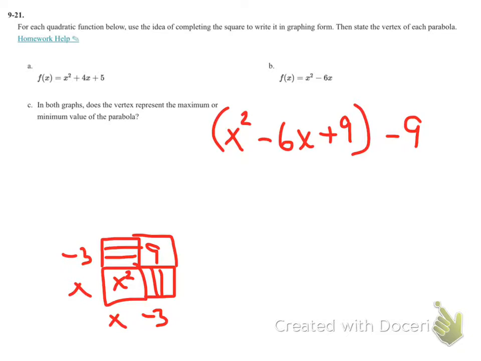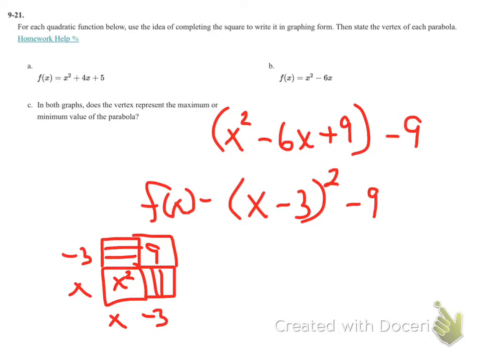So this is now (x minus 3) squared minus 9. That means my vertex is going to be the value that makes that equal to 0, 3, and my y value is this one, negative 9.